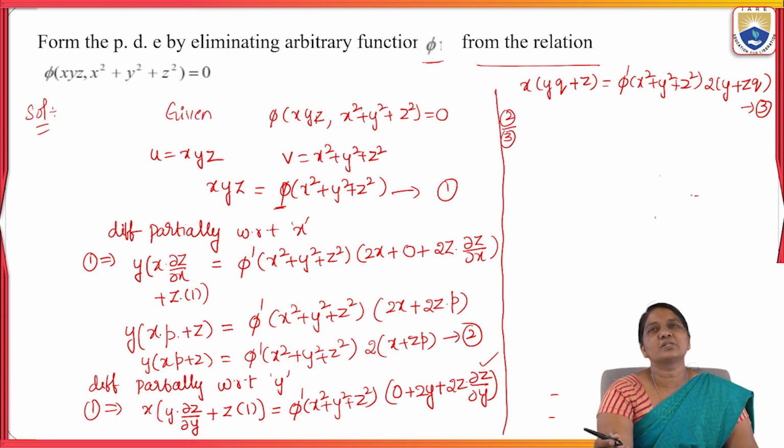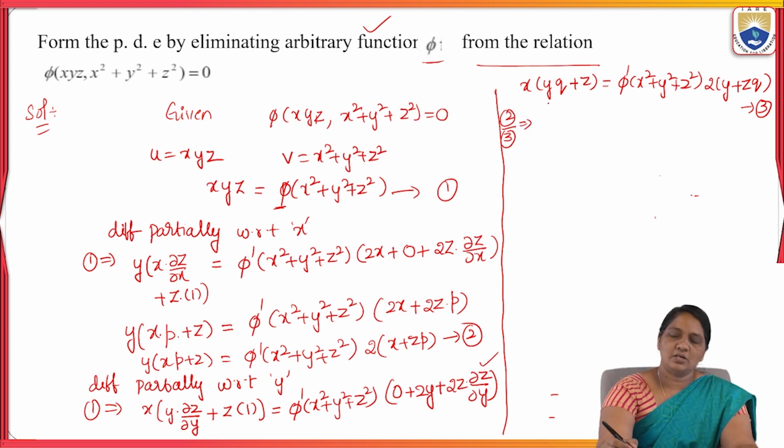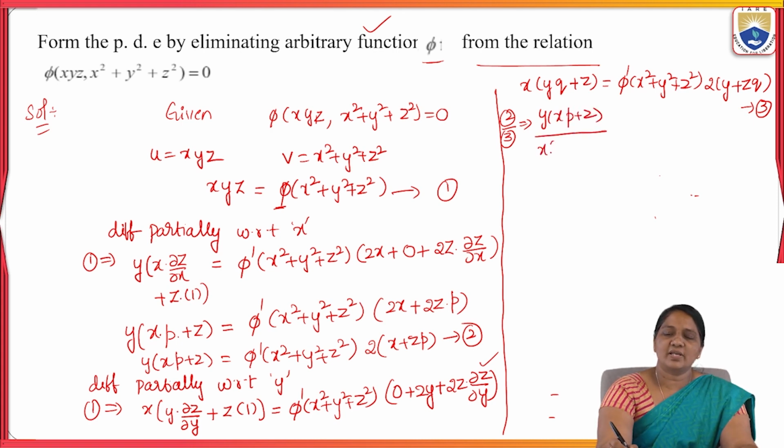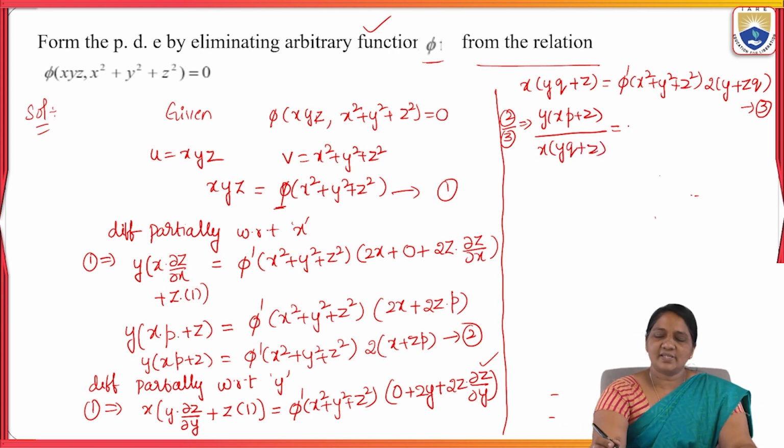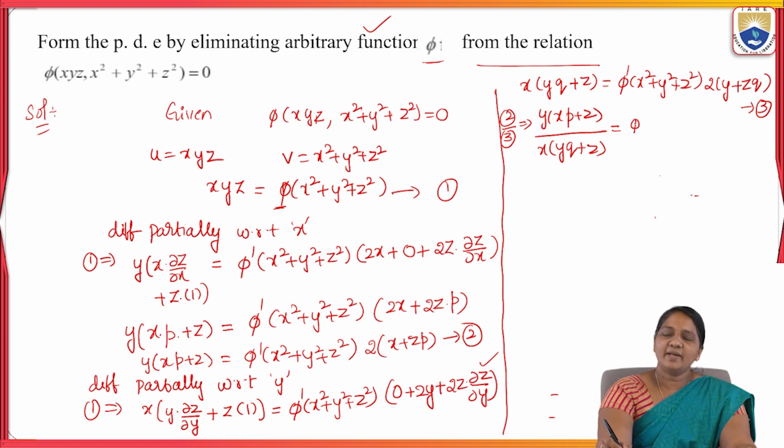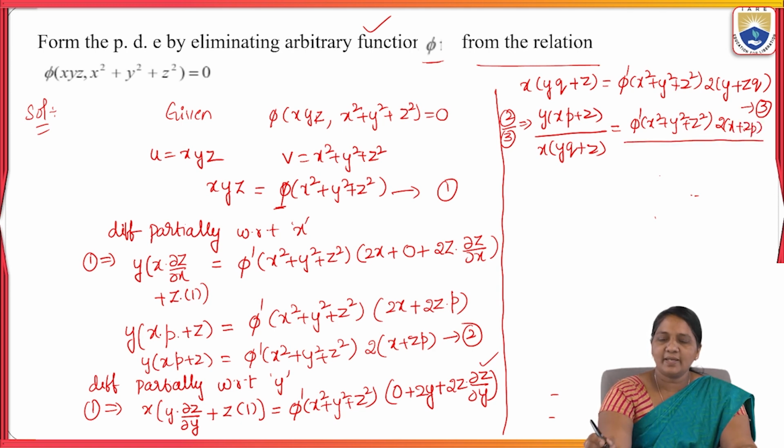Why am I doing all these steps? To eliminate the arbitrary function. So what is the second equation I have here? Y into xp plus z, divided by x into yq plus z, is equal to, from the second equation, phi dash of x square plus y square plus z square into 2 into x plus zp, divided by phi dash of x square plus y square plus z square into 2 into y plus zq.